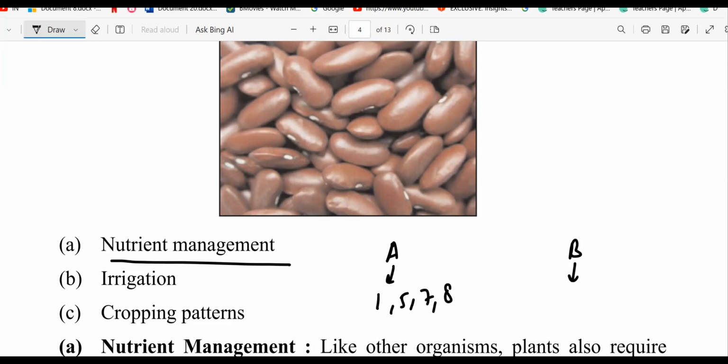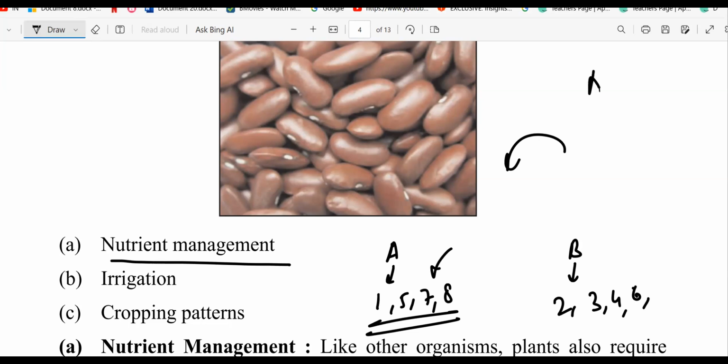So we will use the next crop to grow in the same field that is not going to use these ones. It should use 2, 3, 4, 6, and some others. Because when we grow a crop in the field, the crop has consumed this nutrient, so it will take time for the soil to nourish itself again, or to regain the lost nutrient that the crop has utilized.